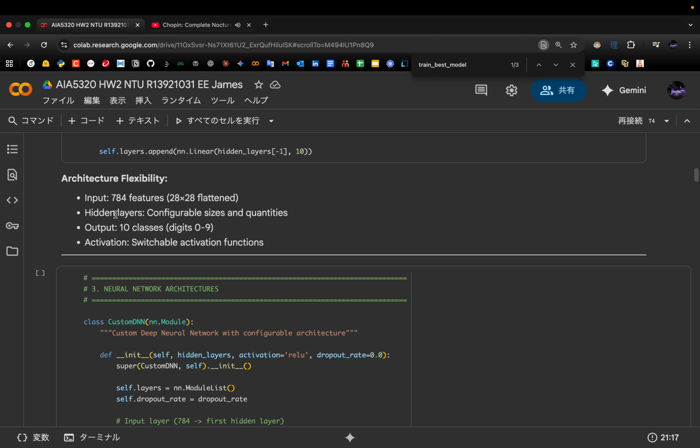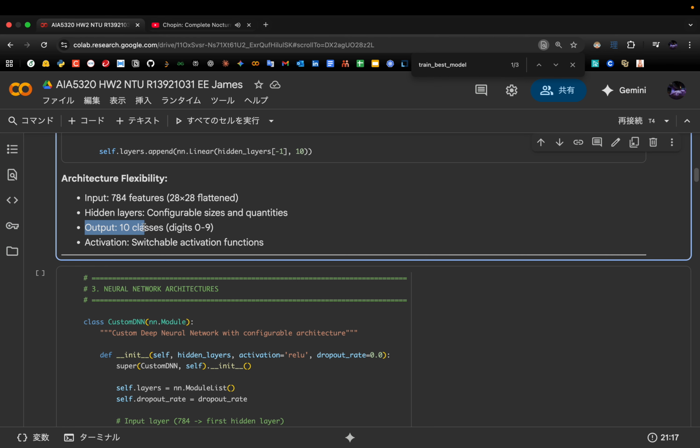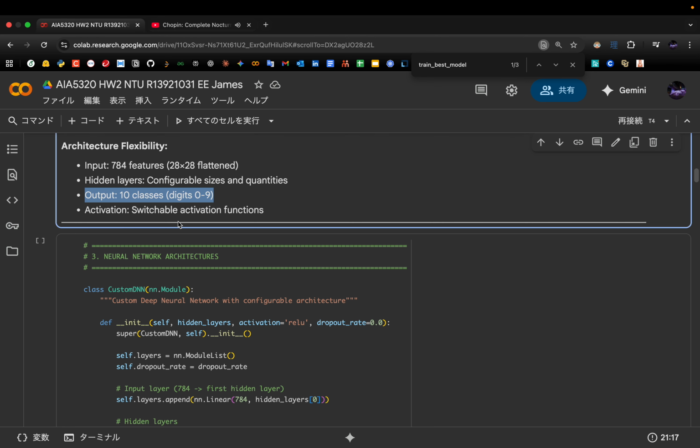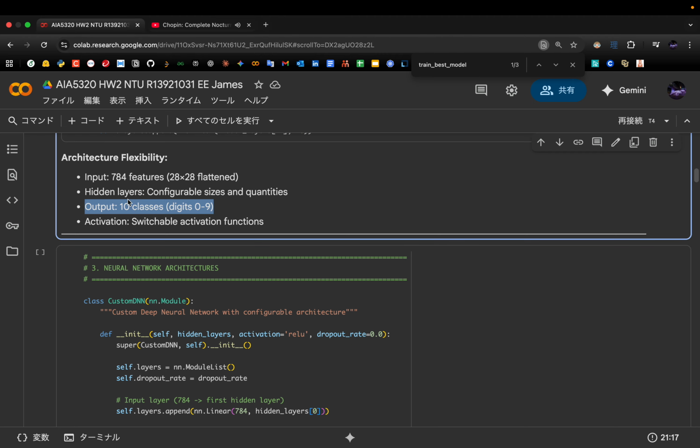The hidden layer is what we are going to try and see the differences across different configurations. And the output is 10 classes from digit 0 to digit 9. So the two modifiables are the hidden layers and the activation functions here.